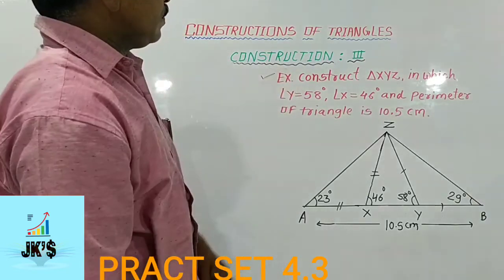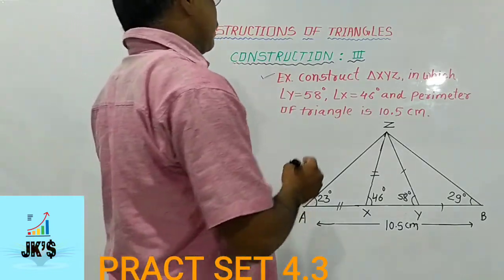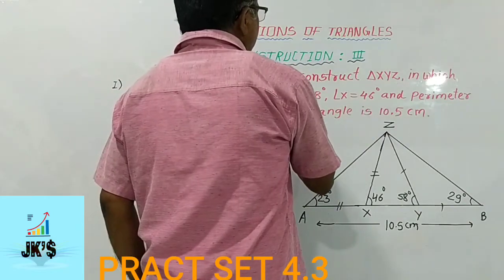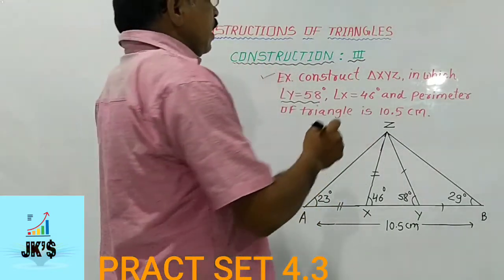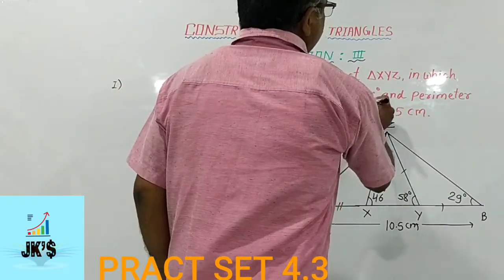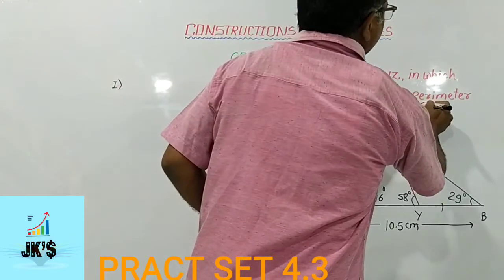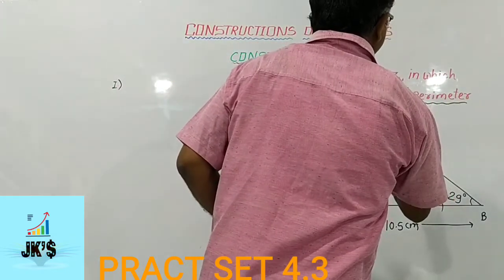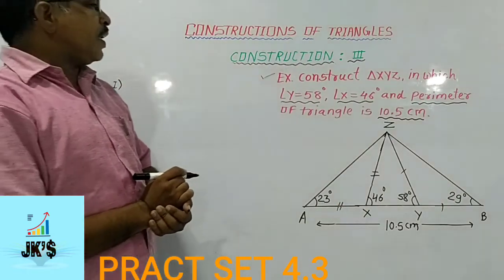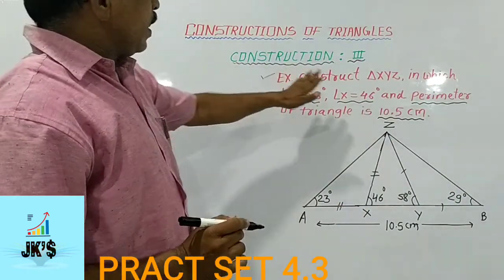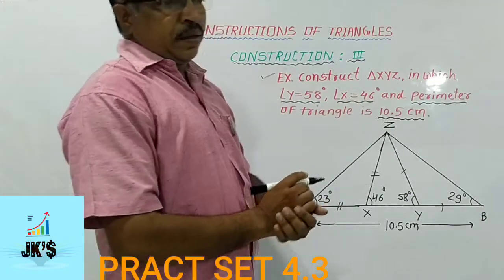In this example, construct triangle XYZ in which angle Y is 58 degree, angle X is 46 degree, and the perimeter of the triangle is 10.5 centimeter. Okay friends, what is given? Two angles X and Y, and the perimeter.